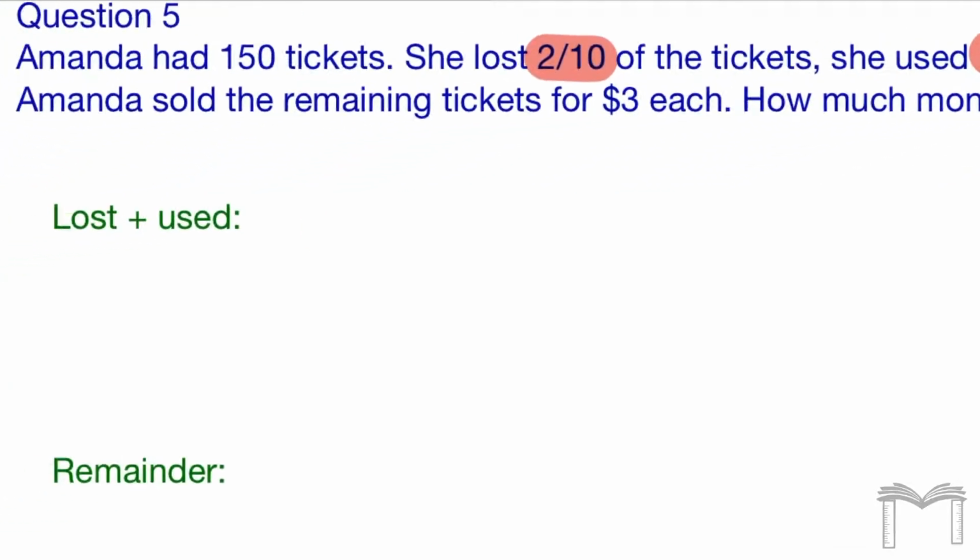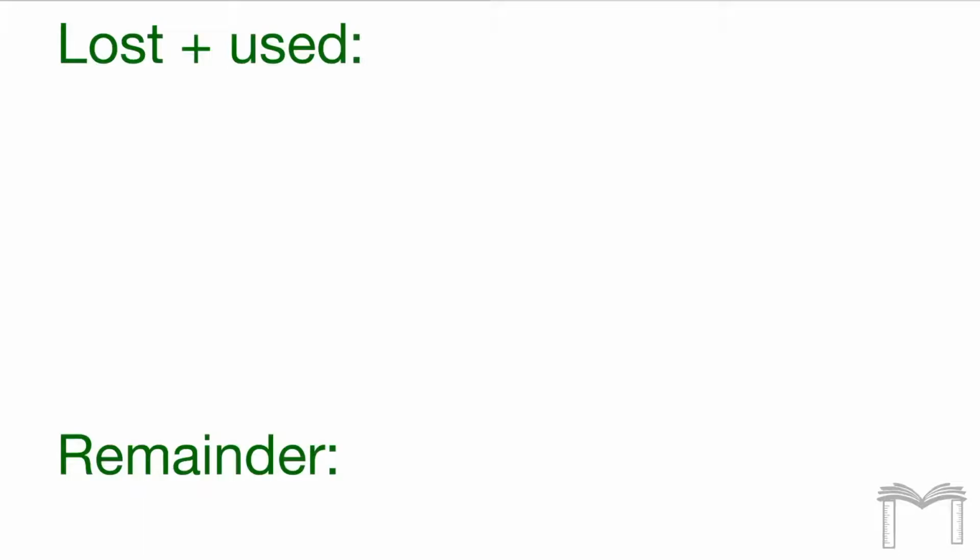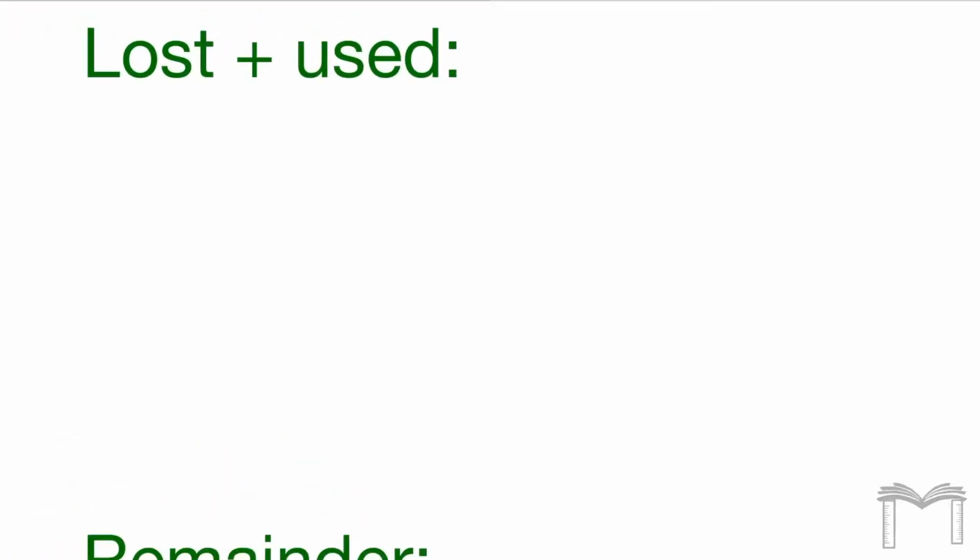Okay, 2/10 plus 1/4. So 2/10 is also equivalent to 2 into 2 is 1, 2 into 10 is 5. So 1/5 plus 1/4, that is what was used, 1/5 was lost. So we can add these two together.